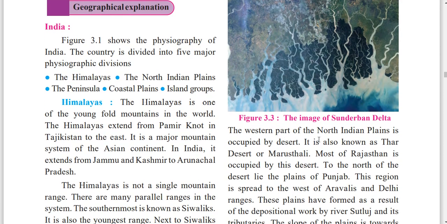The western part of the North Indian plains is occupied by desert. It is also known as Thar Desert or Marusthali. Most of Rajasthan is occupied by this desert. To the north of the desert lie the plains of Punjab. This region is spread to the west of Aravallis and Delhi ranges.